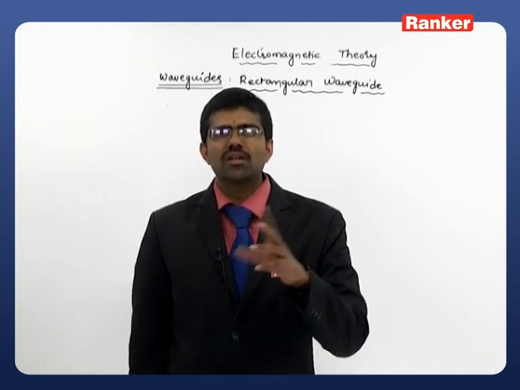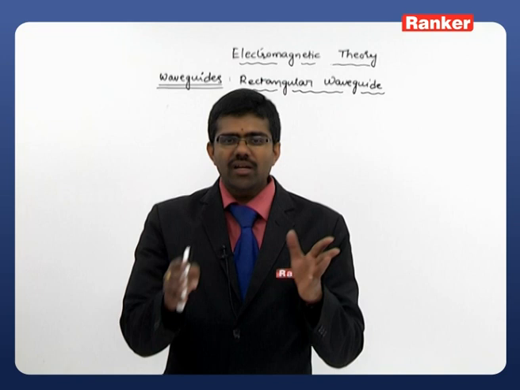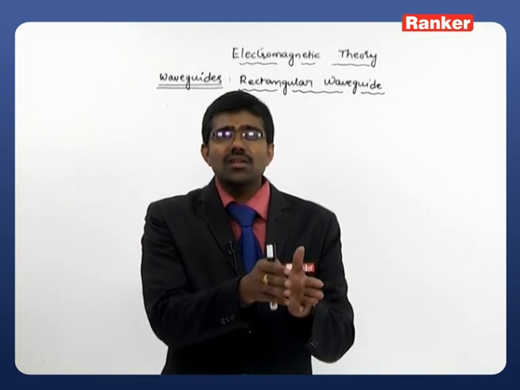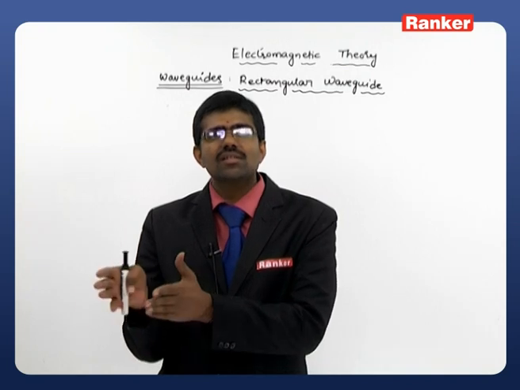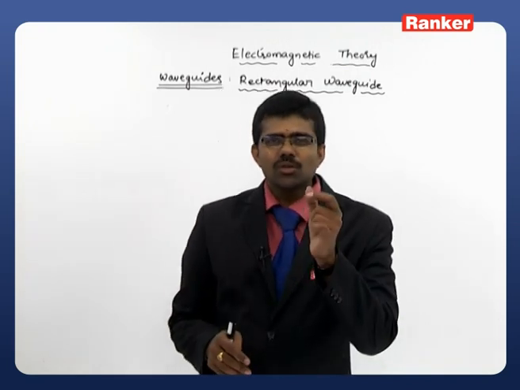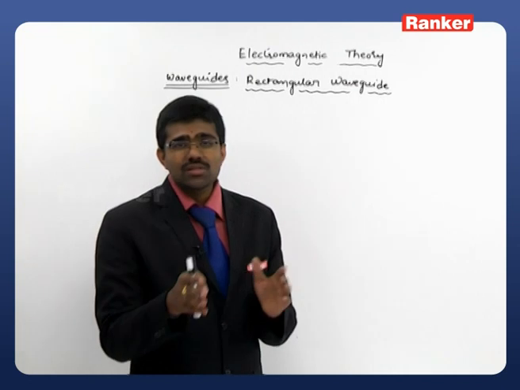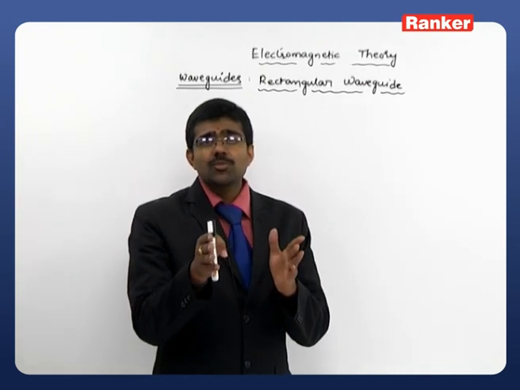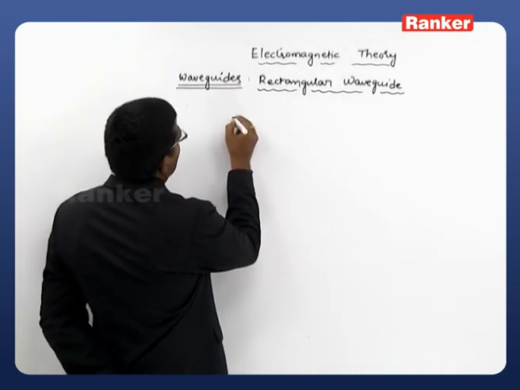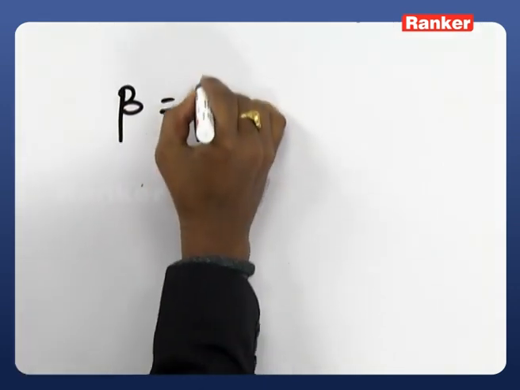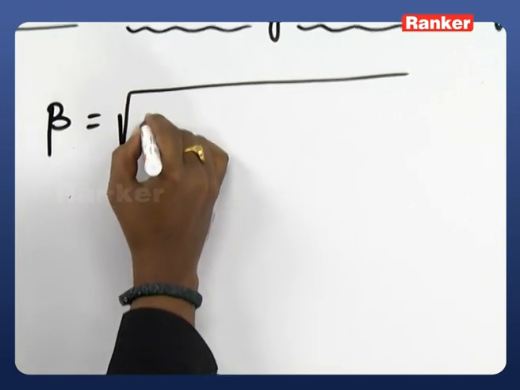This dispersion is related to the phase constant. When different phase parameters are there for different frequencies, this distortion is called dispersion. So here we are supposed to observe what is the relation between the frequencies and the phase parameter. For that, consider the equation of phase constant beta. So beta is equals to, what is the equation for beta?